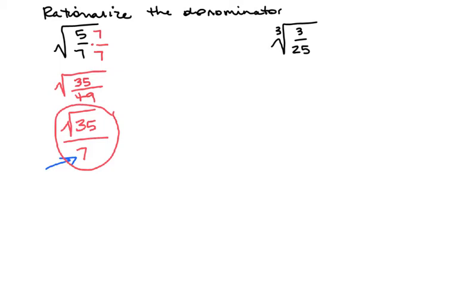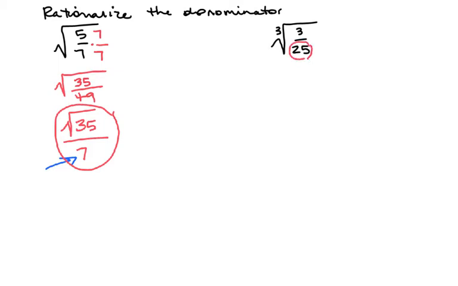Here, it's a little more complicated what we might want to do under the radical, but we want to create a perfect cube out of this 25.